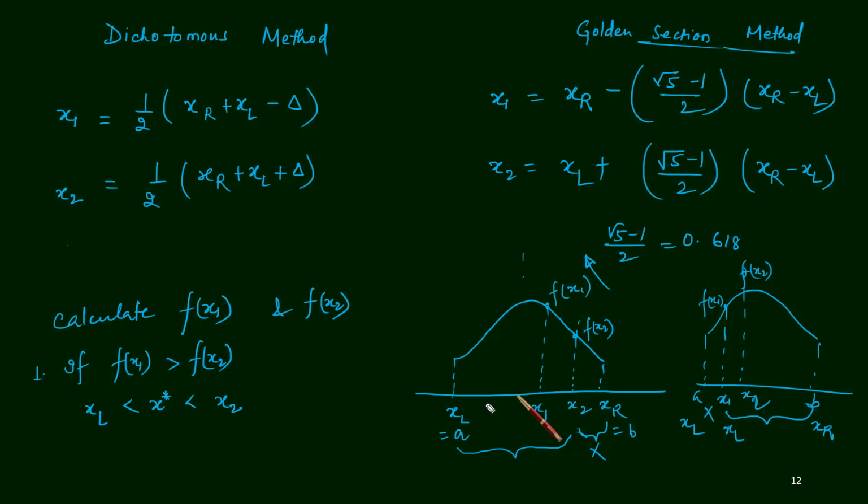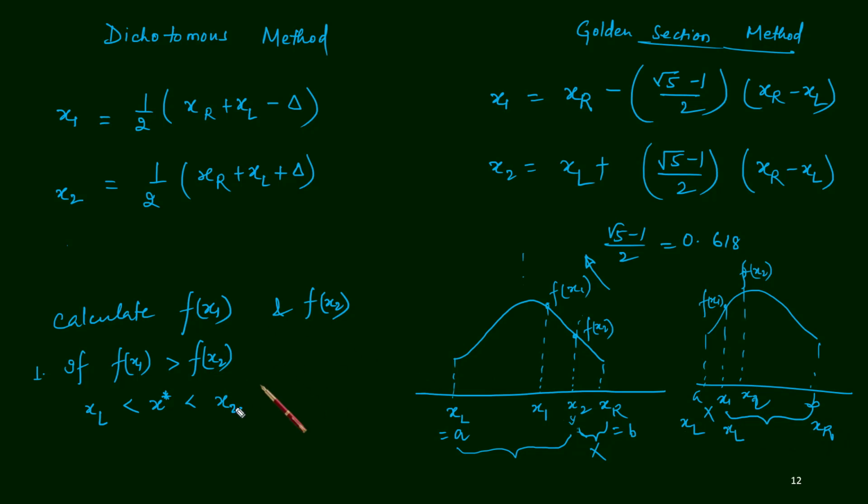Similarly in the earlier case, xr was shifted to x2, and that's why it is written that now the optimum will lie in between xl and x2. And here the maxima will lie in between x1 and xr.